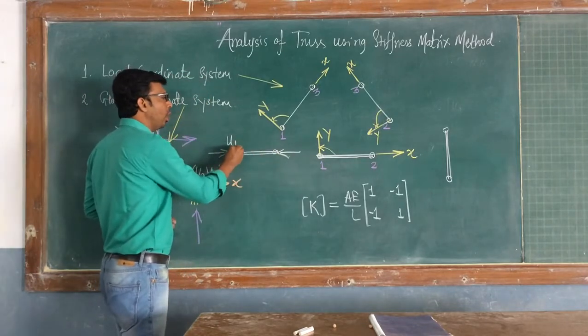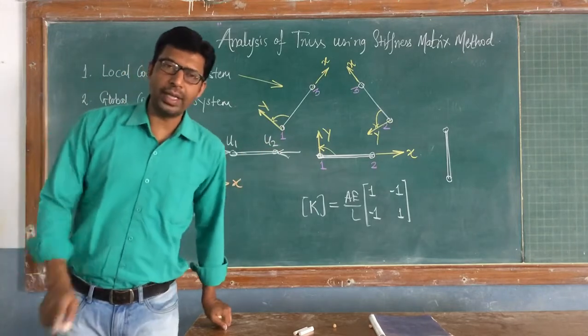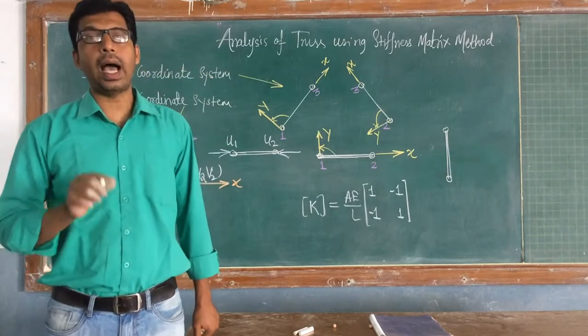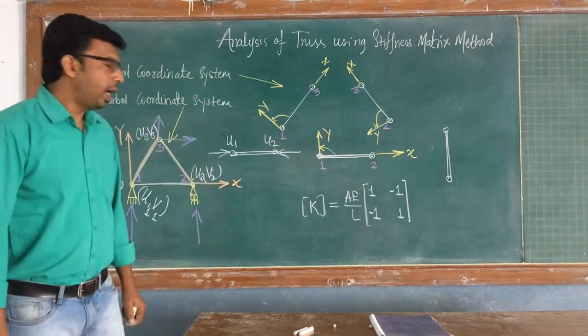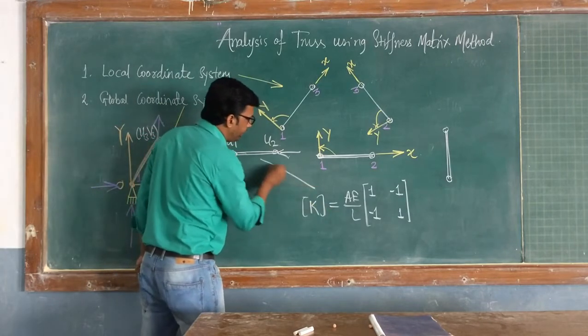So there is only U1, U2, because the bar is subjected to only axial forces. And that's why we have derived this stiffness matrix for this condition.